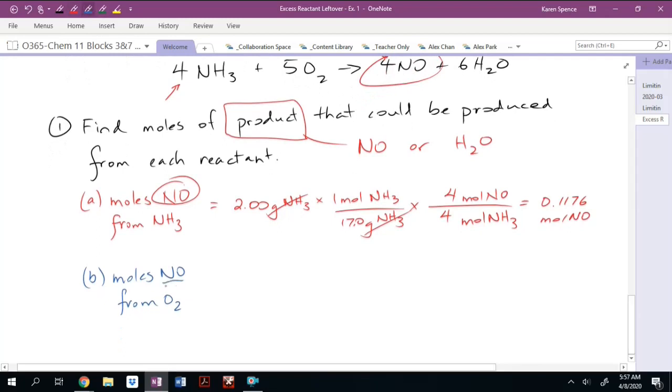Now find the moles of your product, the NO, from the other reactant, the O2. So we're starting with 4.00 grams of O2 times 1 mole of O2 per 32.0 grams of O2.